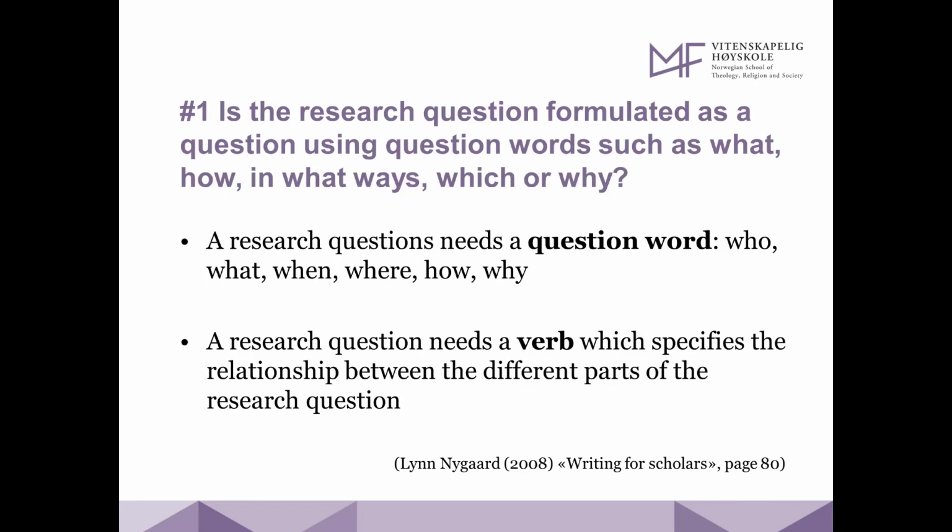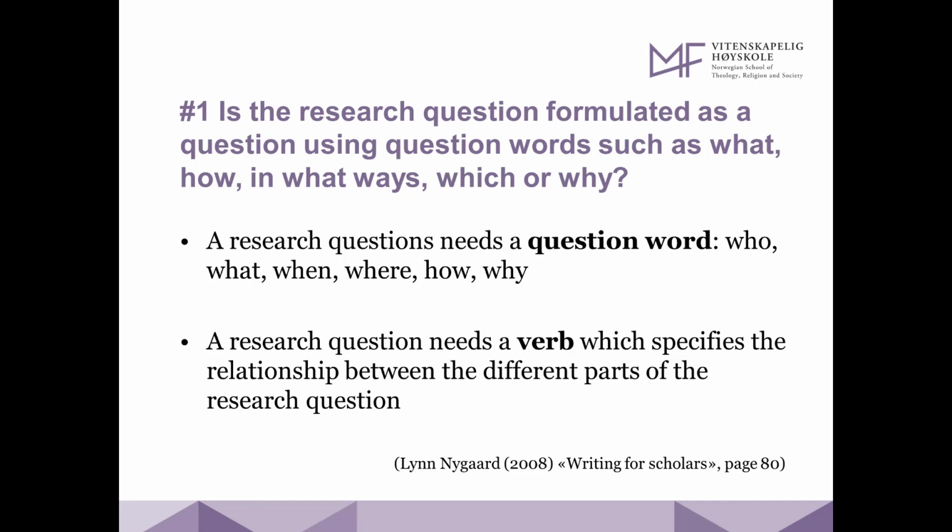First of all, and this is a very concrete criterion, is the research question formulated as a question using question words such as what, how, in what ways, which, or why? And I emphasize this because you will find in journal articles that you read or in master theses that you read that research questions are not always formulated with question words.